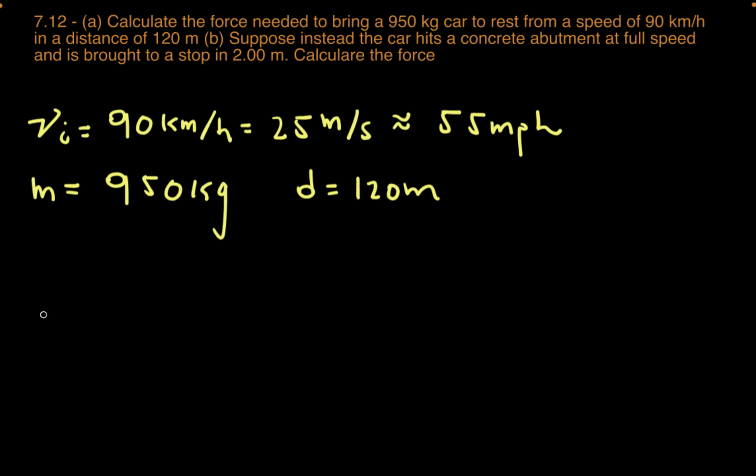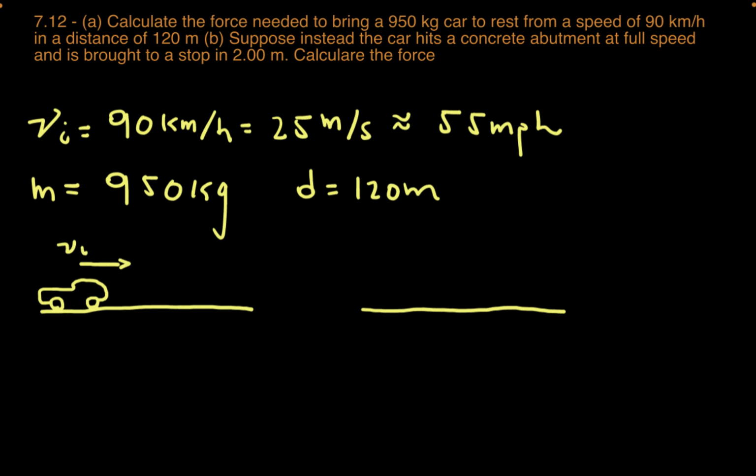So what is the physical scenario here? What happens is that this car is going down the highway. It has some initial speed, right? But at that point, it has to stop. So you hit on the brakes, and the friction forces will slow this car down.